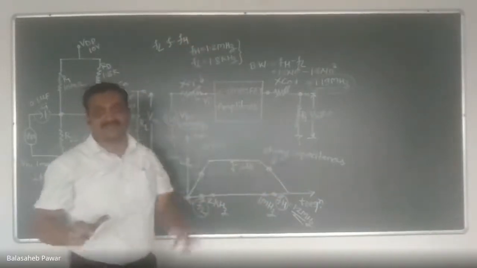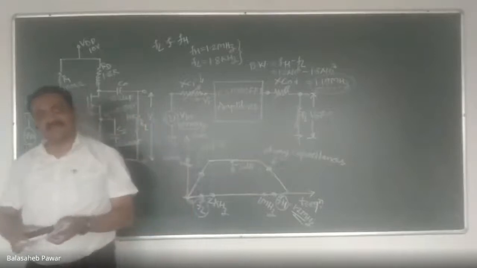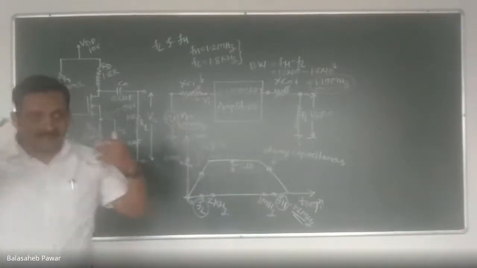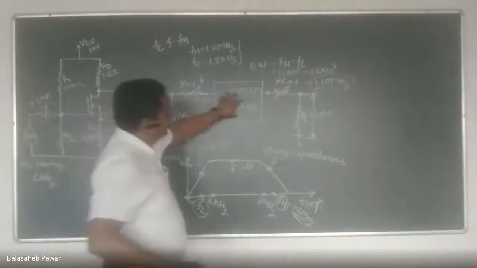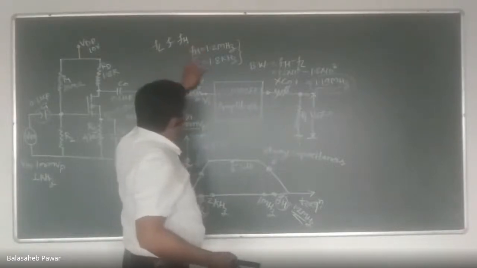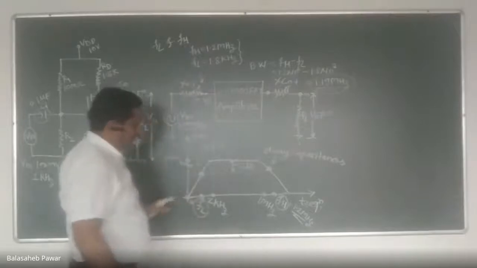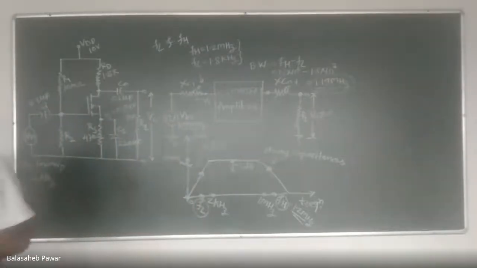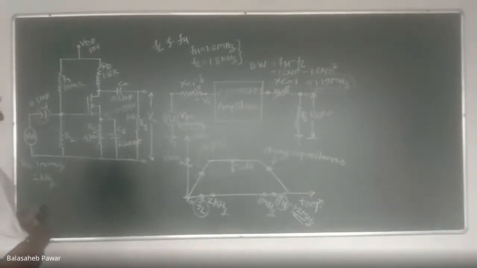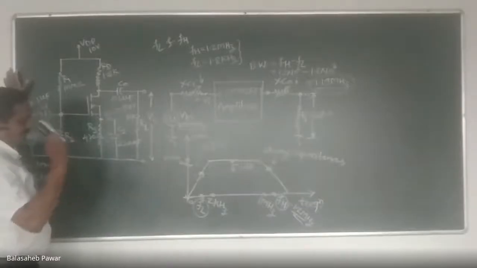So to have sufficient gain, or satisfactory performance of this amplifier circuit, the study of these two frequencies, FL and FH, is important. Are you getting it? Or do you still have any doubt? Is there any doubt? No, sir. Okay.